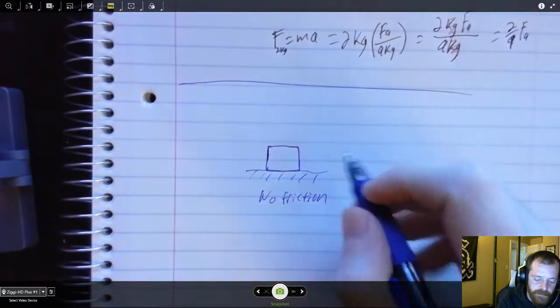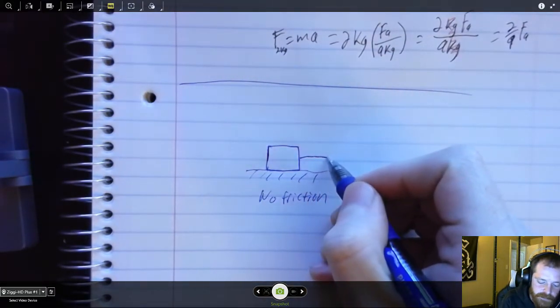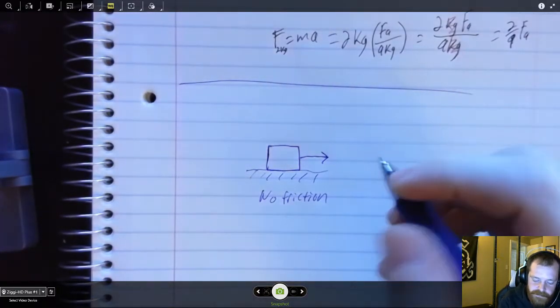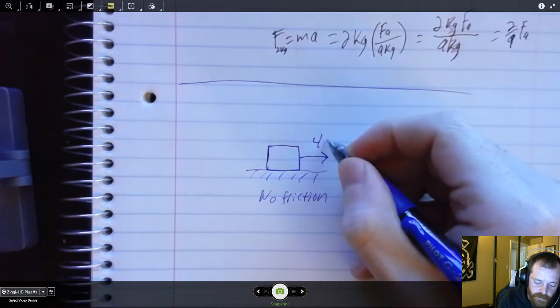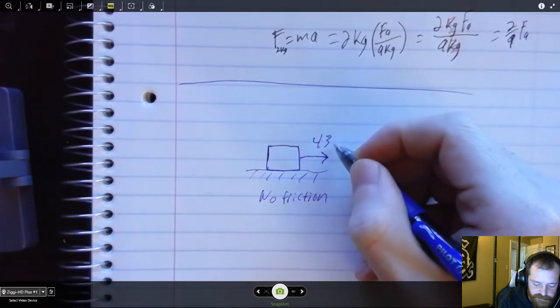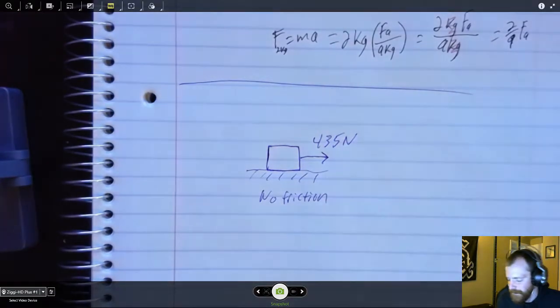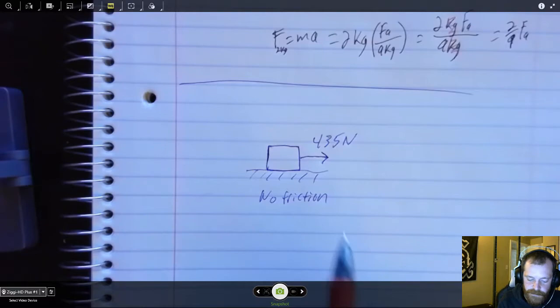We've got one penguin pulling this way on the box. He's a strong penguin. Let's say he's pulling on the box with 435 newtons. He's a swole penguin.